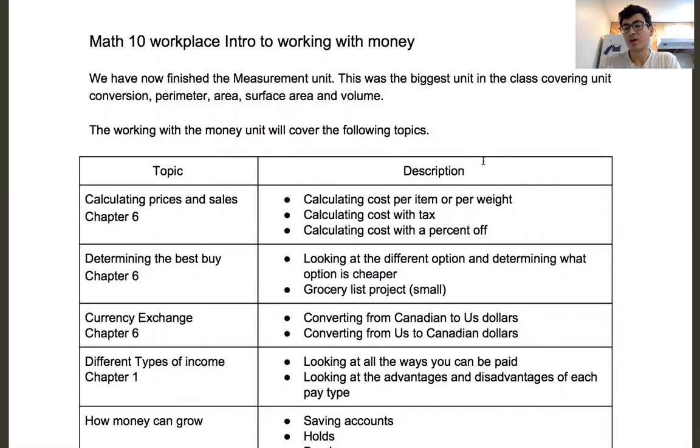By calculating price, if you go grocery shopping, you'll see everything has a weight and a price per weight. Let's say you're getting pasta sauce: you can get a 1 liter jar for $9, or a 400 milliliter jar for $5. You want to figure out what the best deal is.